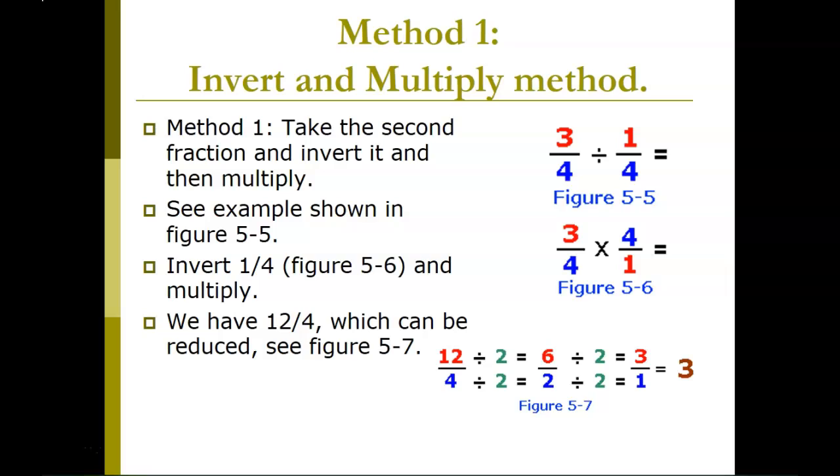So you multiply it out, 3 times 4 is 12, 4 times 1 is 4. You end up with 12 over 4. Then you just divide it out, which I don't know why they have to divide by 2, when you can just divide by 4. 12 divided by 4 is 3, right? 4 divided by 4 is 1. 3 over 1, 3.